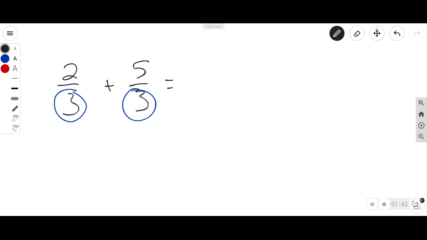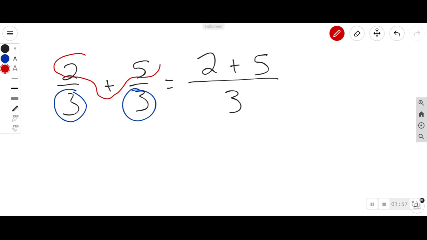When they're the same, all I have to do is I draw a larger fraction bar, I move the denominator once onto the other side, and then both numerators just sort of move over like that. Basically, I just want to take this and move it over there with the operation. And that's all I have to do.